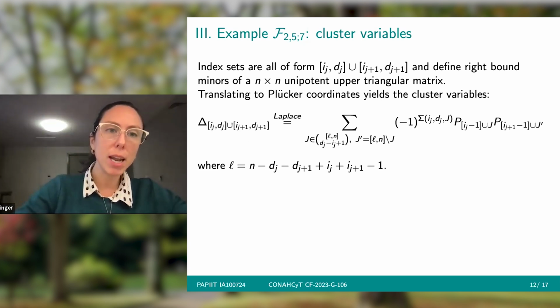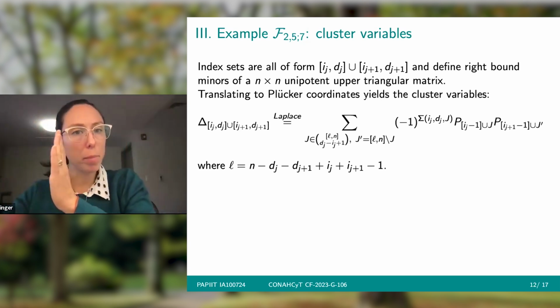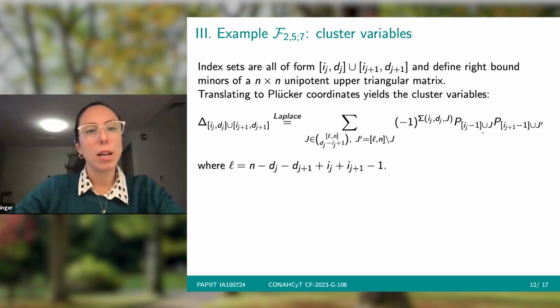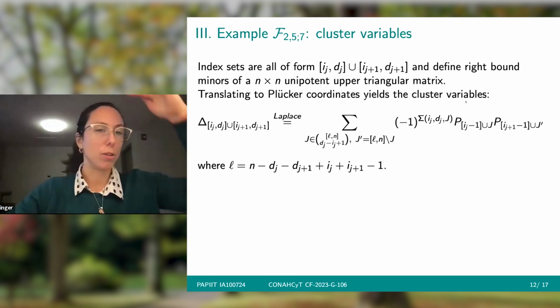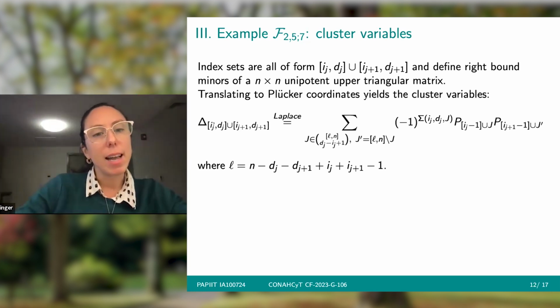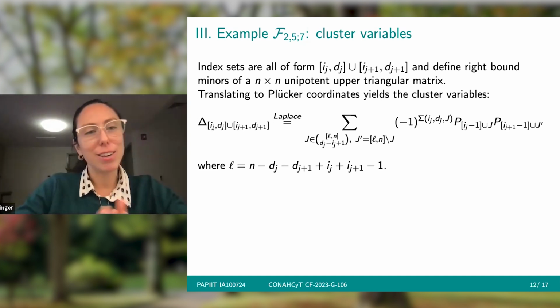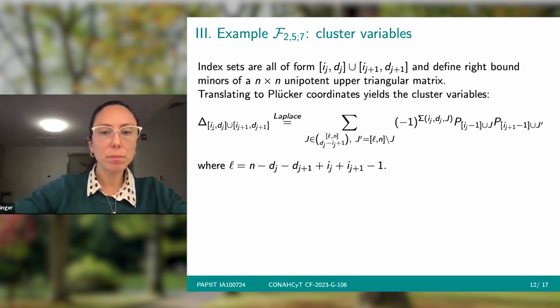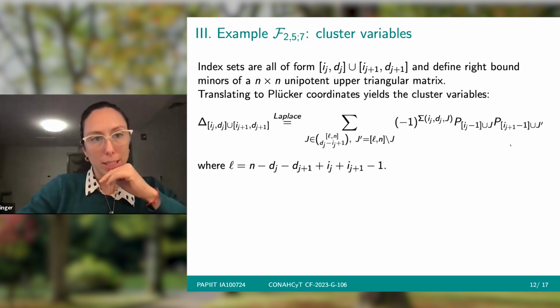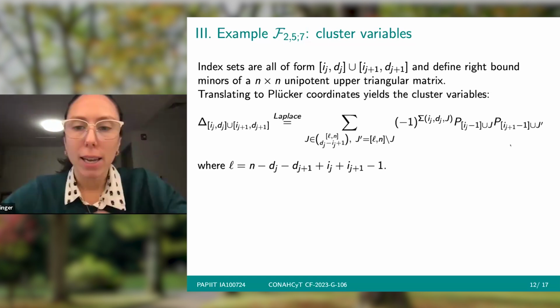And the column set here is always right bound, and the row set here is always top bound. So here we start from 1 to the cardinality, and here I run up from whatever I need to get the right cardinality until n.